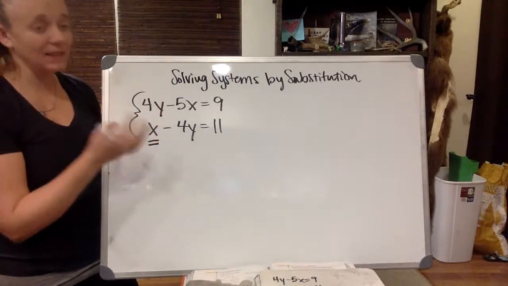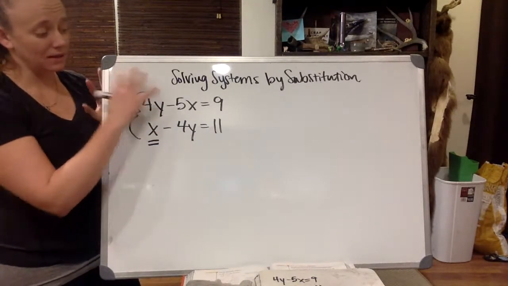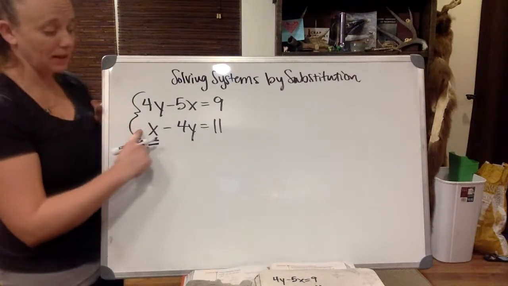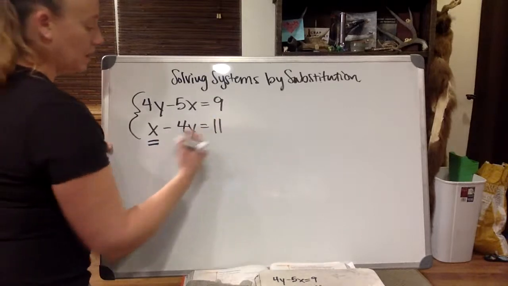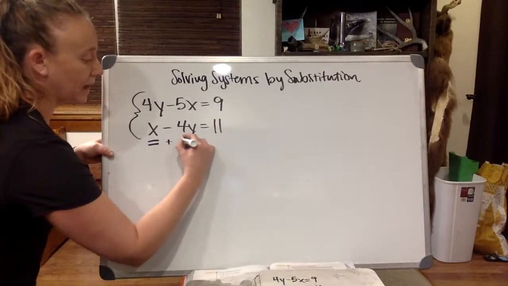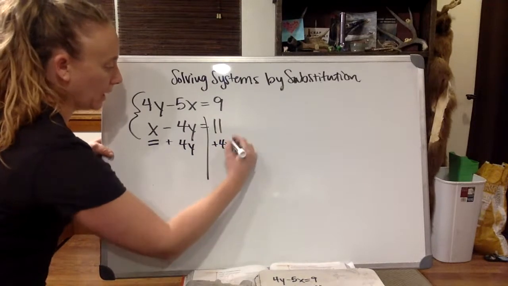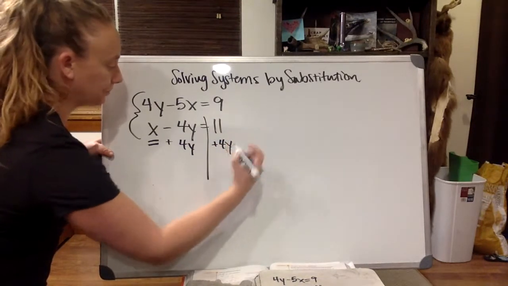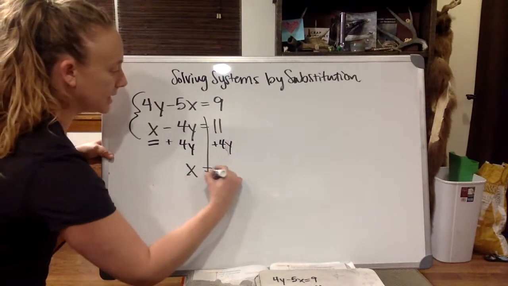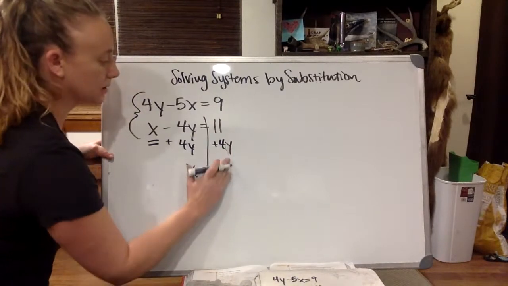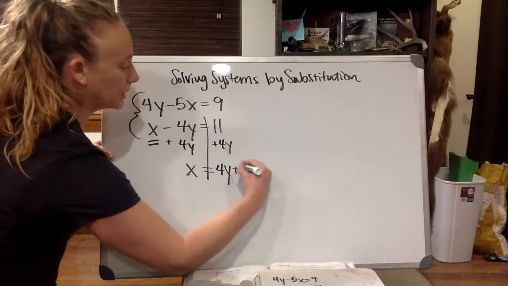And in this case, I'm only going to do one because the rest of it's pretty messy. So I'm going to solve the second equation in this system for x. I'm going to start out by adding 4y to both sides. So I get x is equal to 4y plus 11.